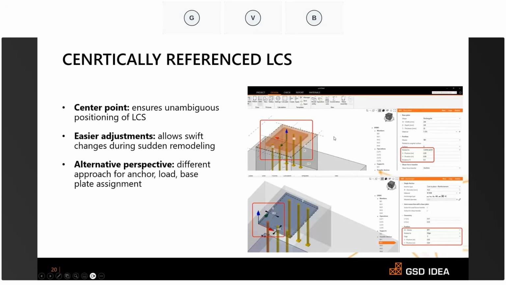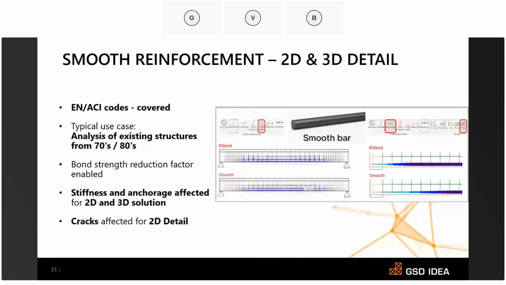And the next improvement is a combo for both 2D and 3D detail applications. That is the introduction of smooth reinforcement bars. Now, this is specifically useful for analyzing old structures, 60 plus or 80 plus years old, that were analyzed using smooth bars.